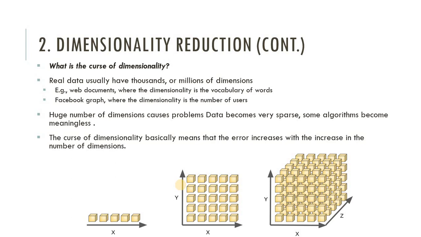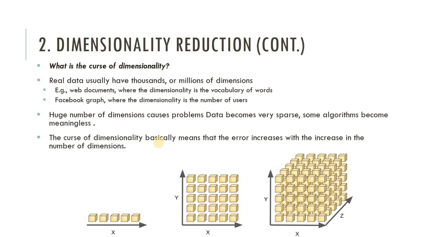So if the data is very large, then it has many dimensions. A huge number of dimensions causes problems: data becomes very sparse and some algorithms become meaningless. So the curse of dimensionality basically means that the error increases with the increase in the number of dimensions.